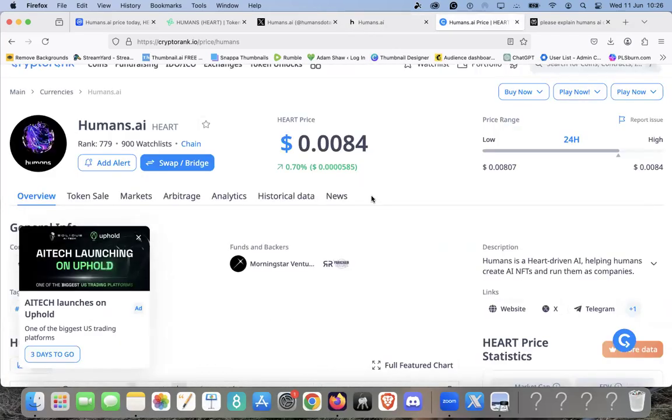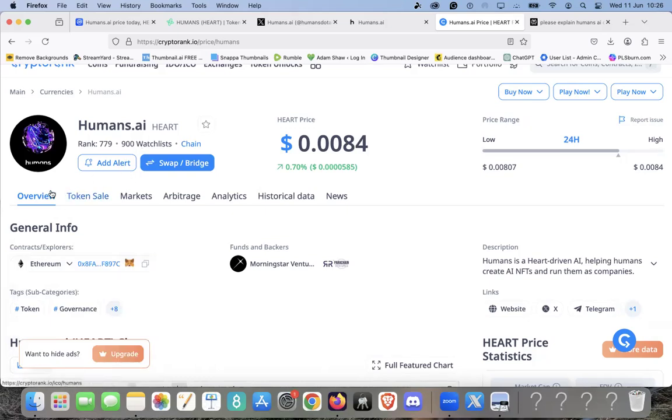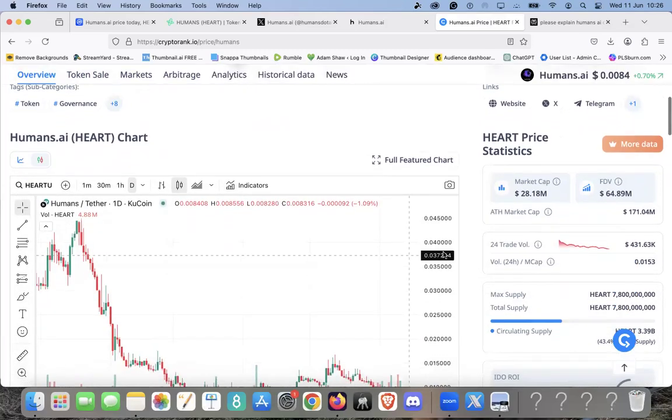Next thing, we go to CryptoRank. Now, people that follow this channel will know I like to do this to find out things about the token sale. So, actually, let's have a little look down here. We see now this is out of alignment. We see that this is saying a very different market cap to the one on CoinMarketCap.